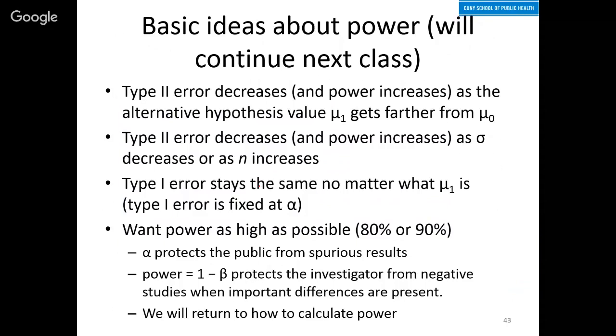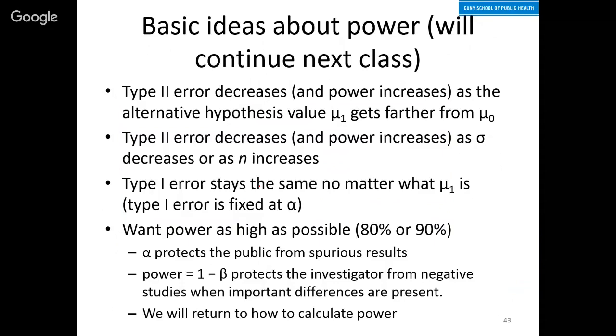But some basic ideas of it are that there's a trade-off between your type 1 error and your power. That type 2 error, which is failing to reject when you should have rejected, will go down, and since it's 1 minus your power, power increases as your true difference in means gets bigger. So the bigger a difference there is, the easier it is to observe, the better your power.